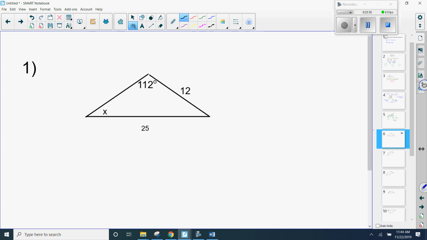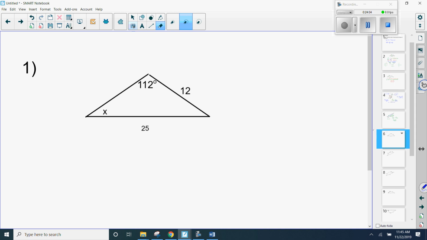All right, right here. What would be the method of choice you would use? It's law of cosines because you already have 2 sides. Here's the thing, I meant the law of sines. Okay, if that's what you meant, that's what you want to use. It's the law of sines.